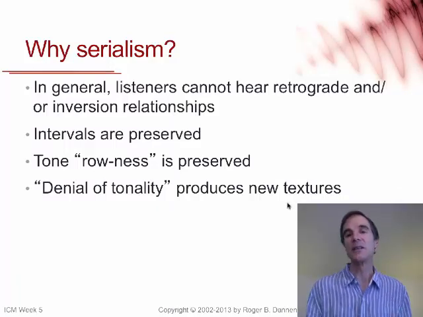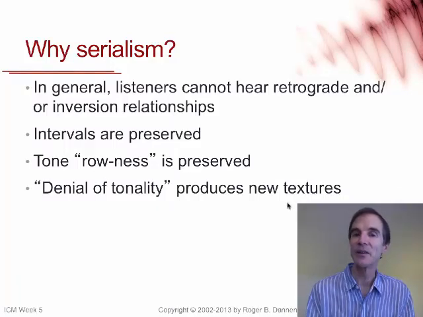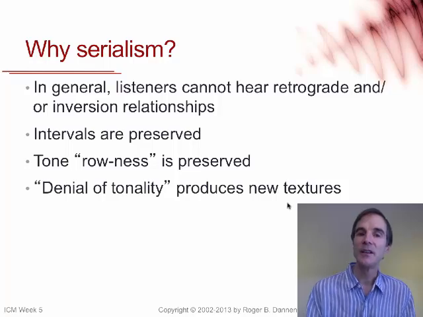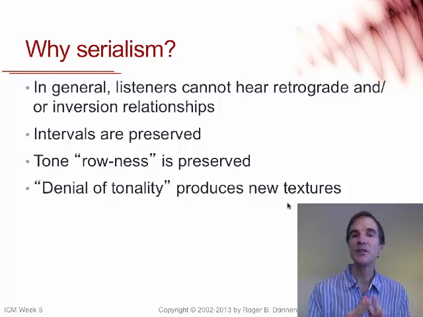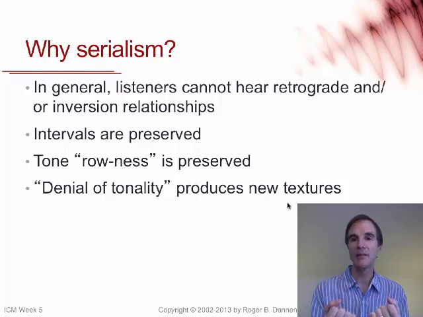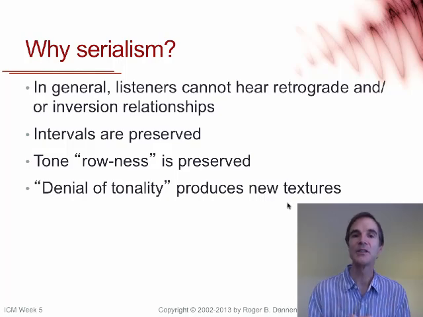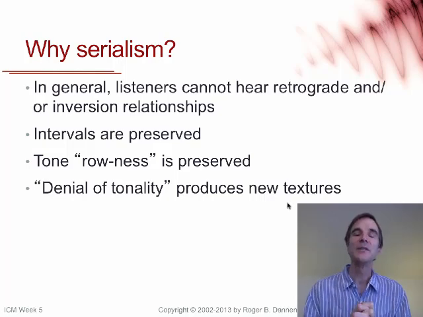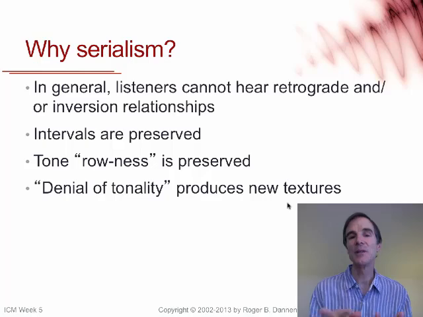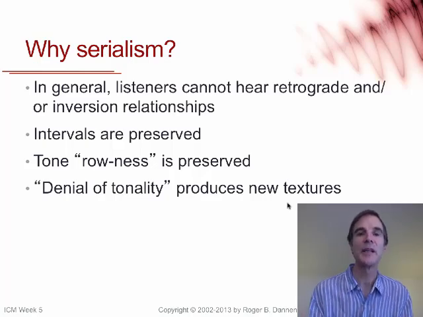So why serialism? Well, in general, listeners cannot hear retrograde and other inversion relationships in tone rows. However, the intervals are preserved. So if you base your music upon playing tone rows and transformations on tone rows, you get, to some extent, some structure because intervals are repeated.